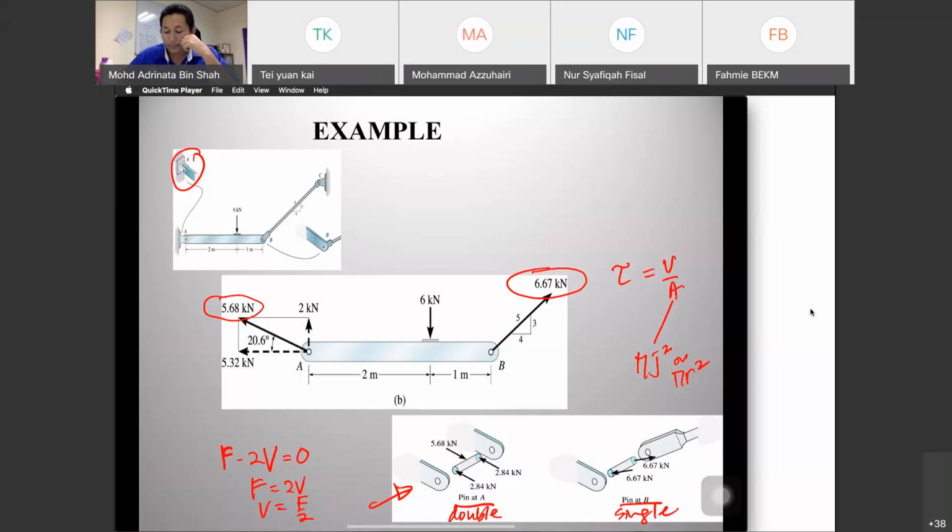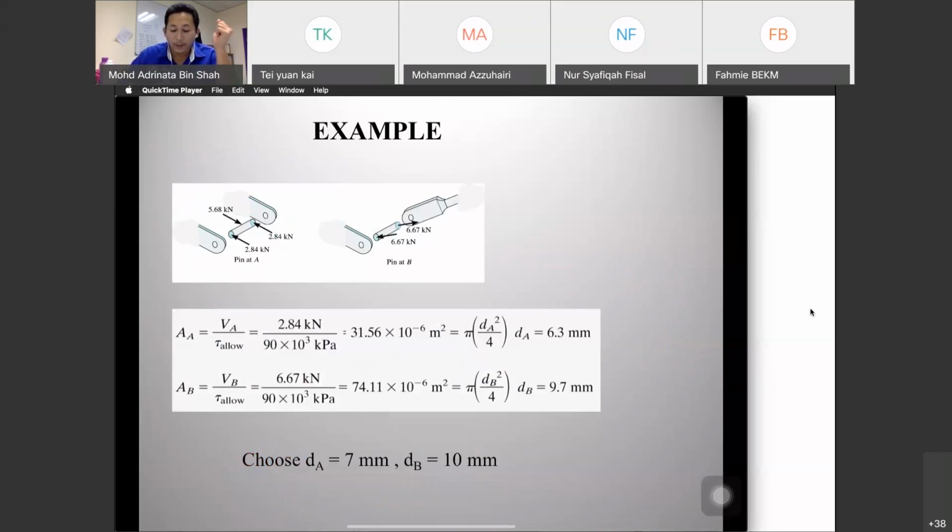Then for single shear, use the same value. Then when you calculate, you can find your diameter. Okay, this is the diameter. So you should choose the bigger diameter, 7 mm and 10 mm, larger than the calculated value.